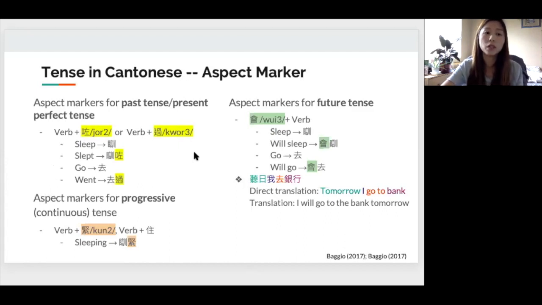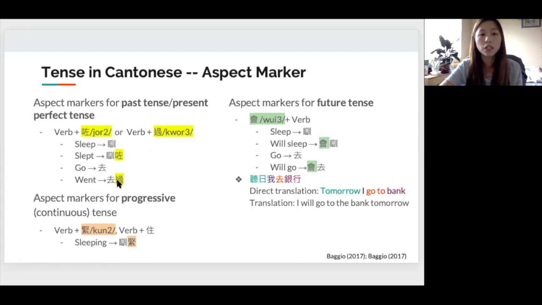However, if you look at the handout and the resource package, I have listed them in there and you can use it as a reference. For example, sleep is 瞓, slept will be 瞓咗. We're using the aspect marker here. And then go is 去, went is 去過.